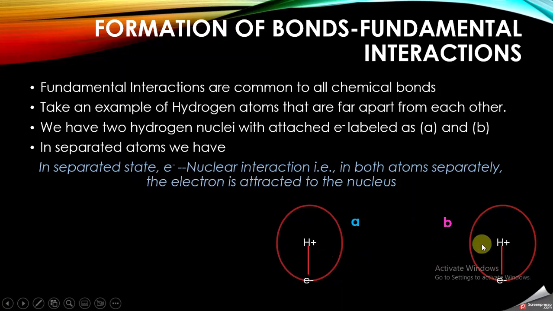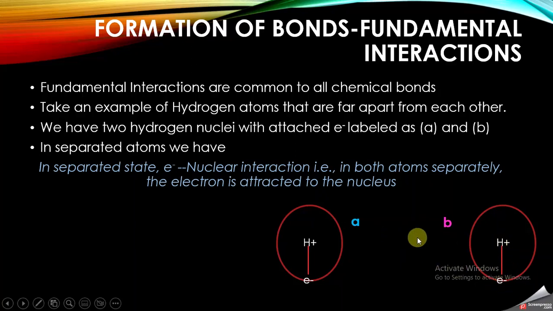Whenever we have two hydrogen atoms separated by a certain distance, this situation is called the separated atom limit. The two hydrogen atoms have no interaction between them, but only the interaction of the nucleus with the electron, and similarly in hydrogen atom B, the interaction present is between the nucleus and the electron.